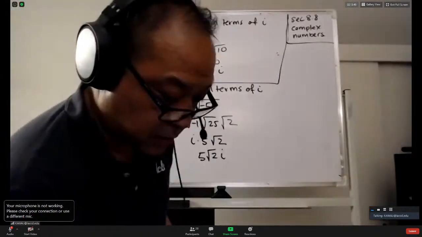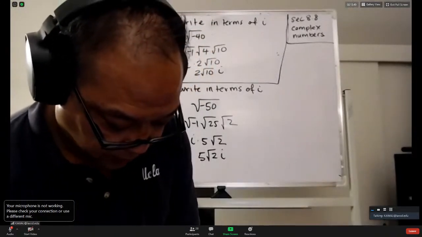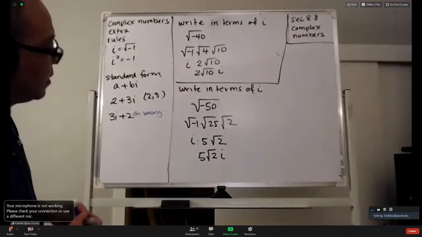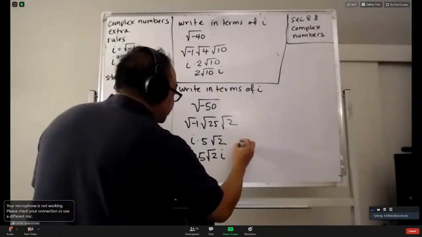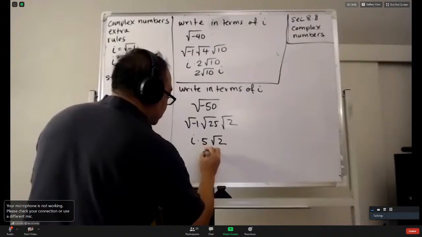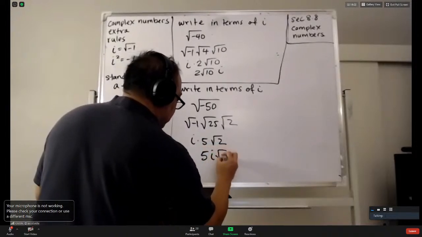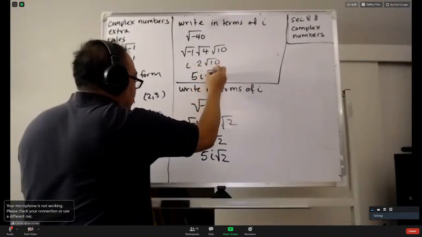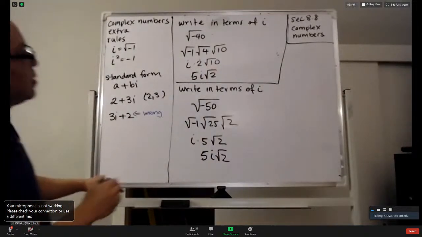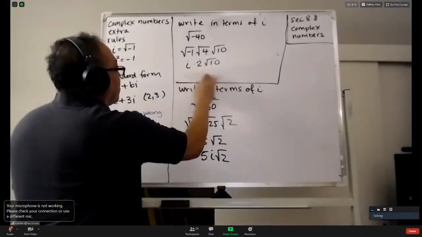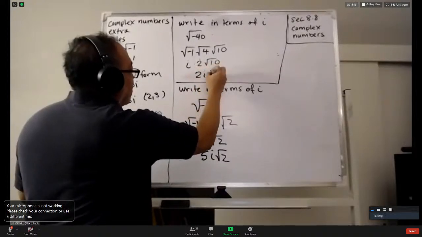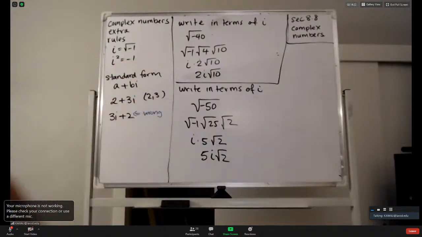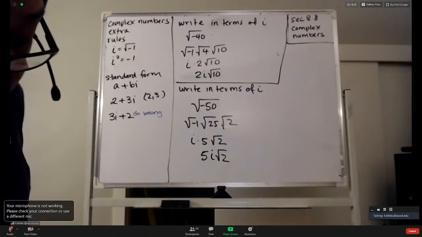And then we're done. Let me make sure that that's the format they're using. Oh, gosh darn it. The book is using this format. Sometimes people will put it in the middle. Oh, sorry. The most traditional way is to put it at the end, but it looks like for these problems, they're putting that i in the middle of the number and the radical.